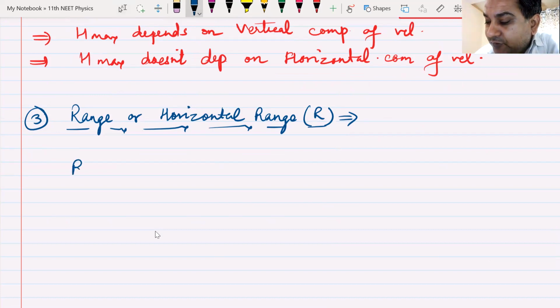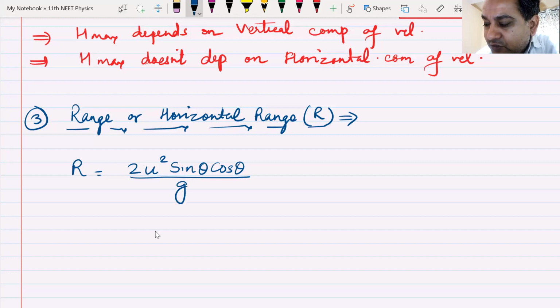Okay. Range, horizontal range is 2 times u square sine theta cos theta by g. That is the formula I was looking for.